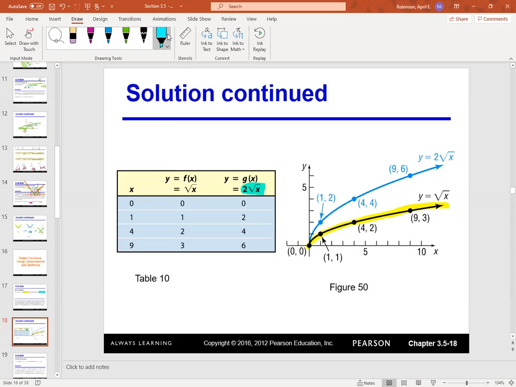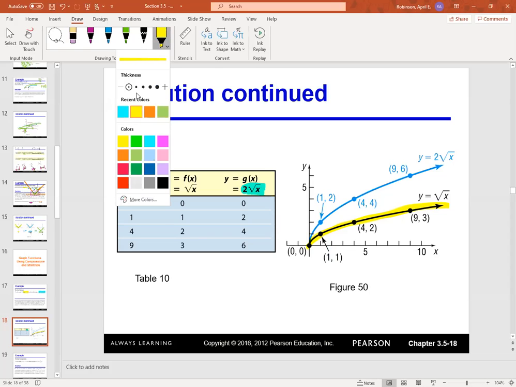And you can see that this point here has an x coordinate of 1, and so does this point. But the y coordinate, let me hang on a second, wrong color. Come on, computer, there we go.